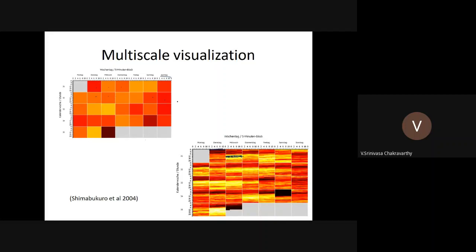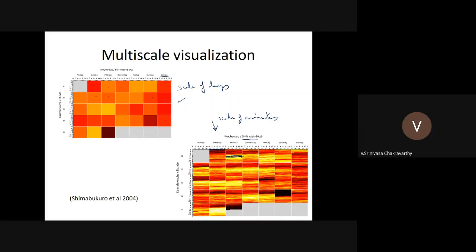That is what this first picture gives you. So this is at the scale of days. The second picture tells you the finer variation at 5 minute blocks. So this is a scale of minutes. Both cover the same interval of 1 month.